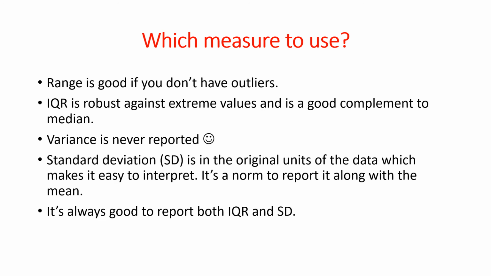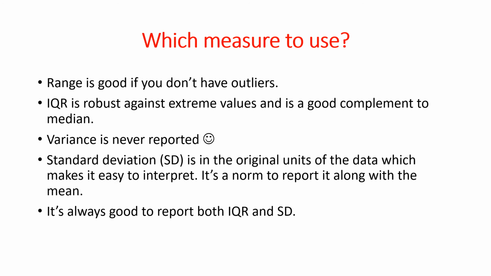So we come to the standard deviation, which is the square root of the variance. The advantage of standard deviation over variance is that it's expressed in the same units as the data, so it's easy to interpret.